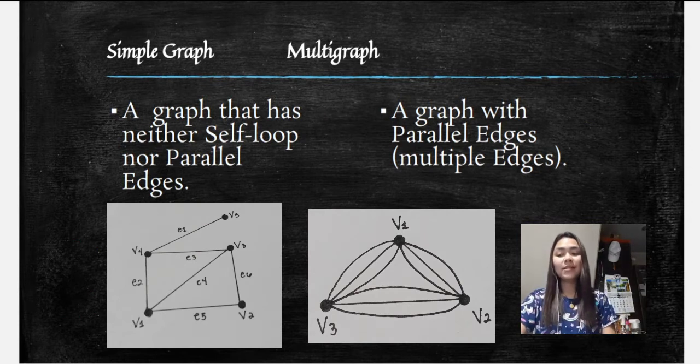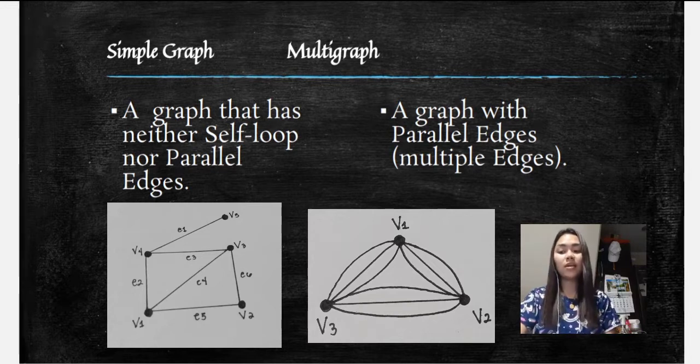Next, we will discuss the classification of graph based on the property of self-loop and parallel edges. A graph that has neither self-loop nor parallel edges is called a simple graph. This is an example of a graph. We may observe that this graph has vertices v1, v2, v3, v4, and v5, and 6 edges e1, e2, e3, e4, e5, and e6.